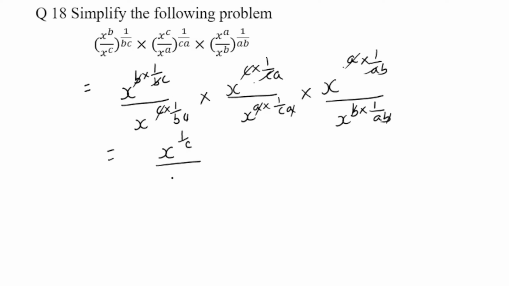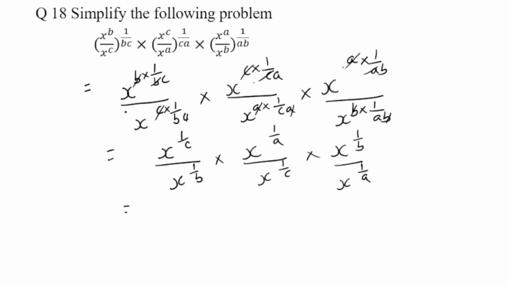X to the power 1 by c, x to the power 1 by b, multiply x to the power 1 by a, divided by x to the power 1 by c, multiply x to the power 1 by b, x to the power 1 by a. X to the power 1 by c, x to the power 1 by c, cancel. X to the power 1 by a, x to the power 1 by a, cancel. X to the power 1 by b, x to the power 1 by b, cancel. Here you go. The answer is 1.